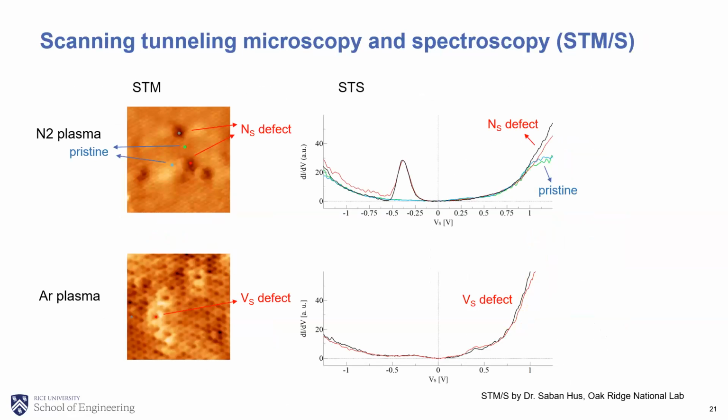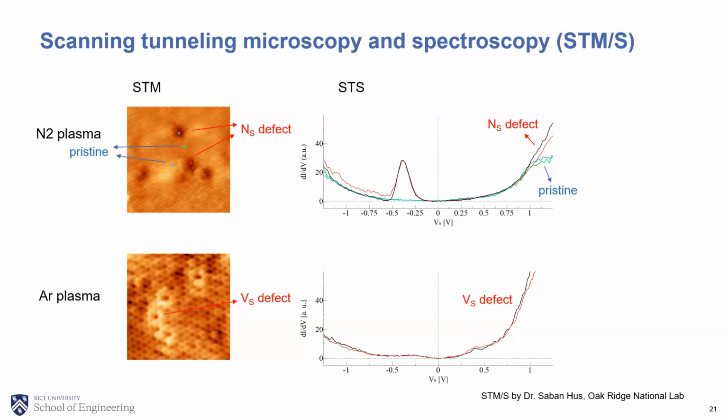So we then tried to understand better about this new PL peak. We performed STM and STS measurements on the sample in collaboration with Dr. Sabin Haas at Oak Ridge National Lab. We can see over here there are nitrogen substitutional defects, and there are pristine sites. If we measure STS on these sites, we can see nitrogen substitutional defects actually provide a new defect peak in the band gap of tungsten disulfide.